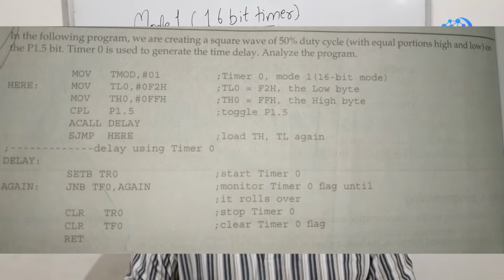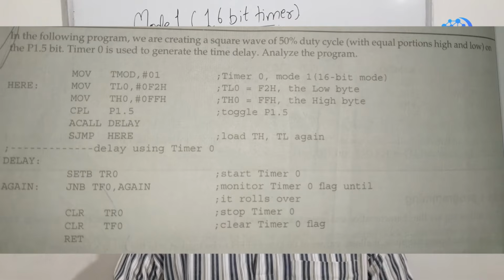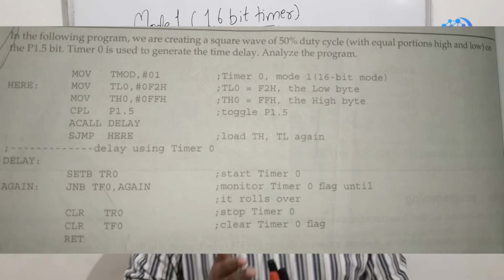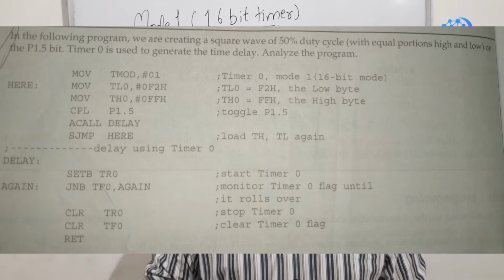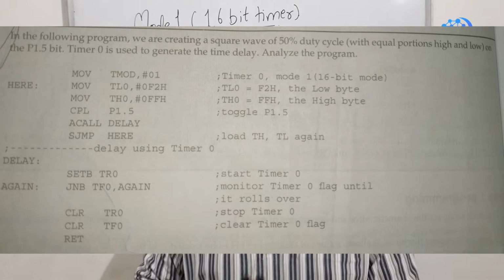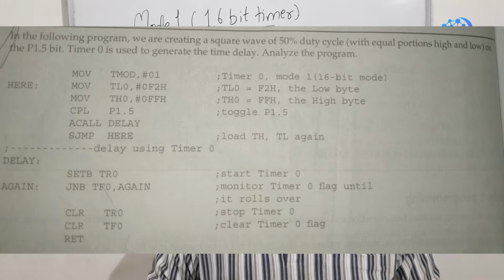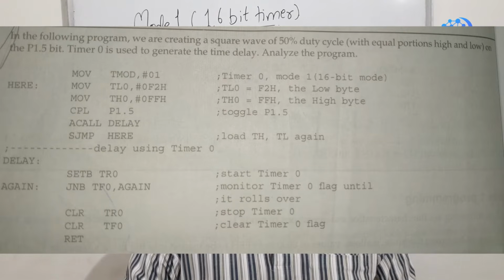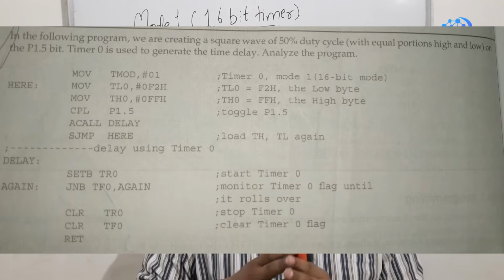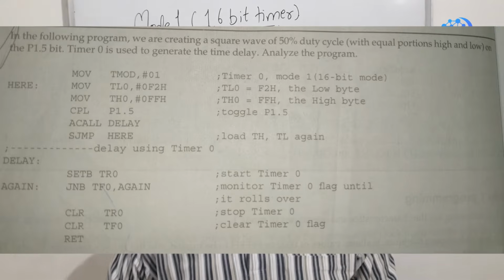After that, we called a delay. In this there is a small delay subroutine. In that, timer 0 is started using the set bit instruction. When timer 0 reaches the limit of FFFFH, it rolls back to 0000H.